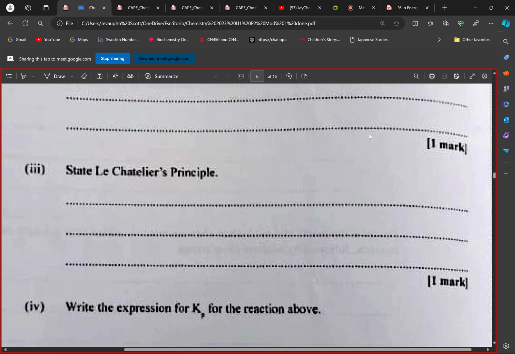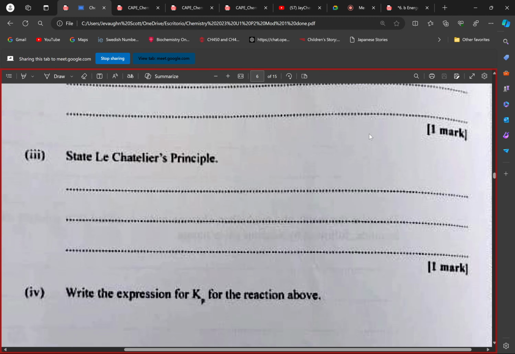So two persons gave two valid answers. So this is how the principle goes: when one of the variables within a system in equilibrium changes, it could increase or decrease or whatever, the system will shift the position of its equilibrium to counteract the effect of that change. Lovely.